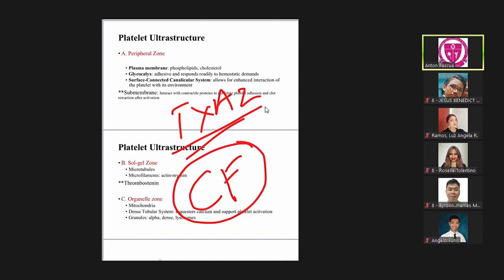Point is, I need that phospholipid to form the structure of my platelets to be permeable, but most importantly, that phospholipid will help my platelets or will support my platelet activation. Kasi in cases of injury, I need to activate my platelets so I can form a clot.